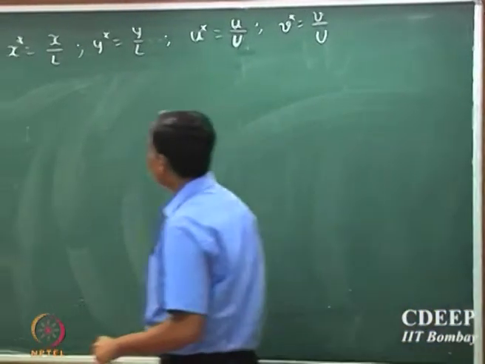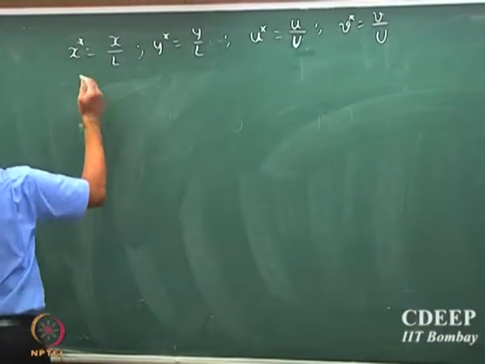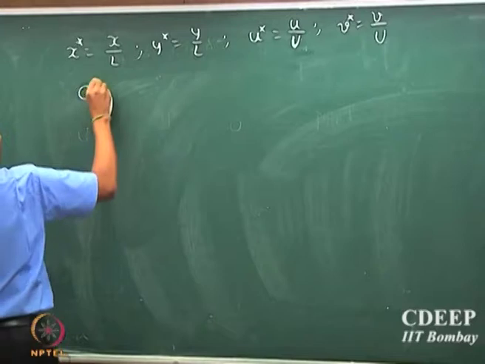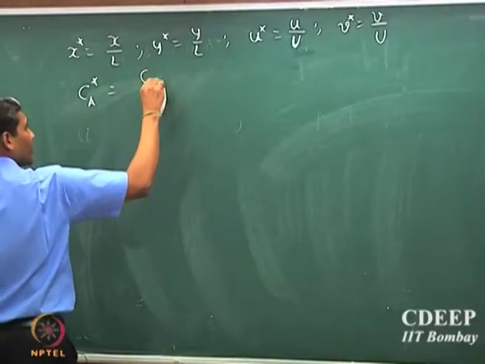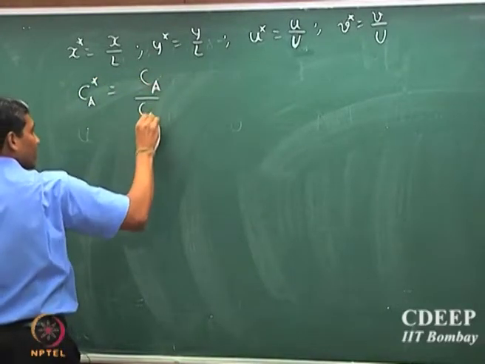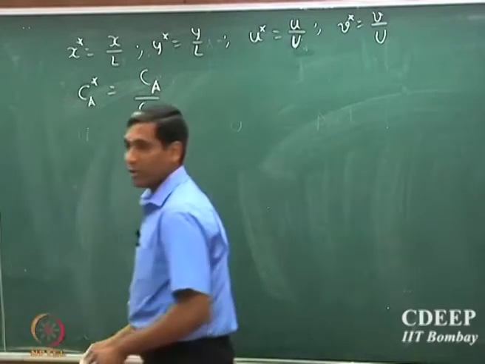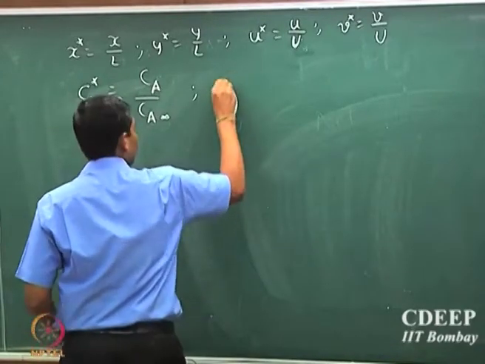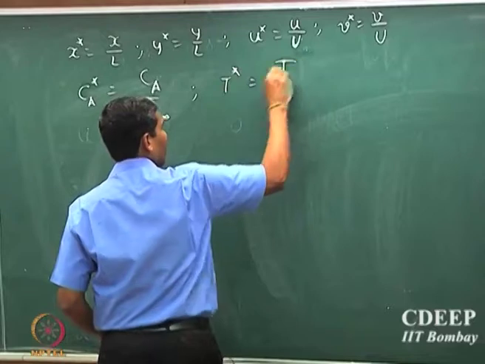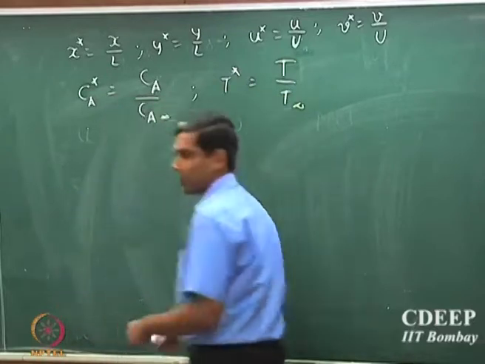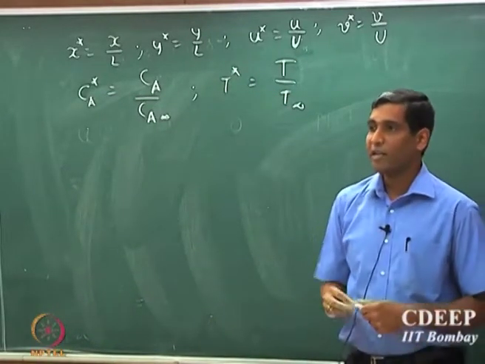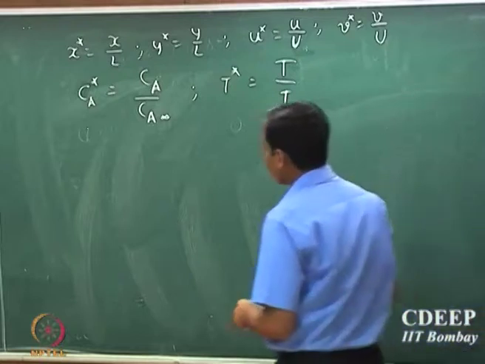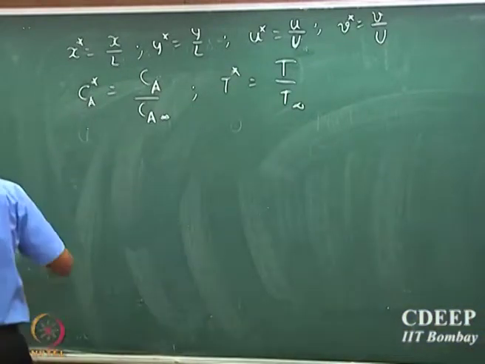Similarly I could scale C_A star, the concentration of the species, with the free stream concentration, and the temperature with the corresponding free stream fluid temperature. So, if I introduce these scalings, now I am going to non-dimensionalize these equations.